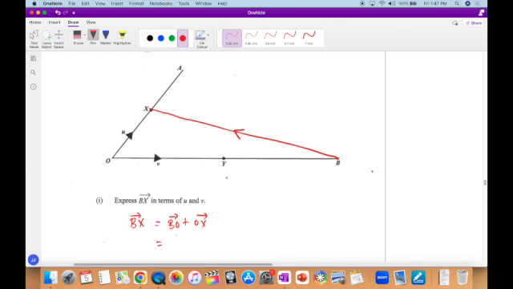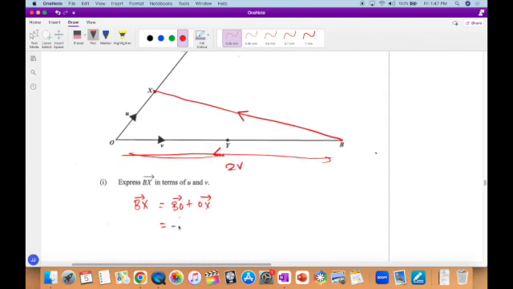We know that BO, if here to here is V, then here to here will be 2V. And if we go in the opposite direction, it'll be minus 2V. So minus 2V plus OX, which is U, gives us U minus 2V.